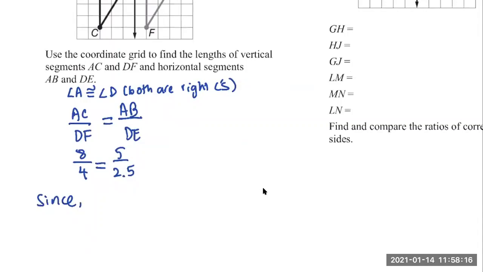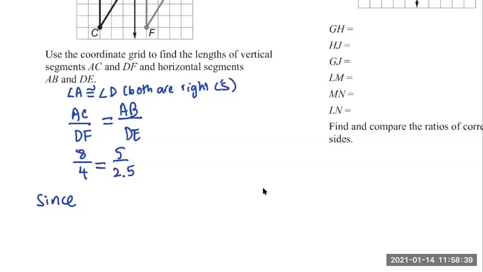If you do 8 to 4 is equal to 5 to 2.5, that's equal to 2. If you were to reverse that and you had initially on your work put DF over AC and then DE over AB, like basically the reciprocal of that proportion I set up, and you said that it was 1 to 2, that's fine too. You're just explaining that the sides are proportional.